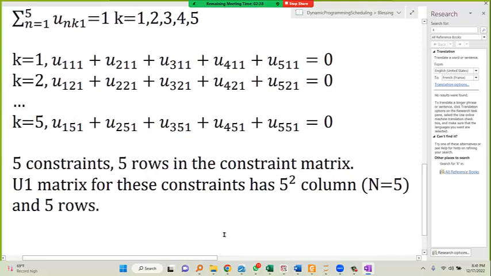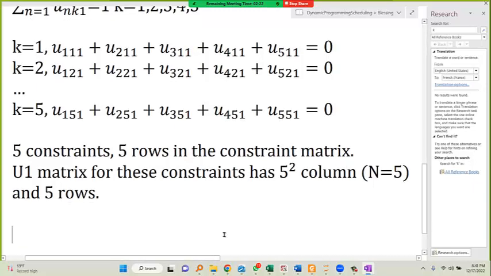These equations are all expressed in terms of the constraint matrix. The constraint matrix must express these equations.